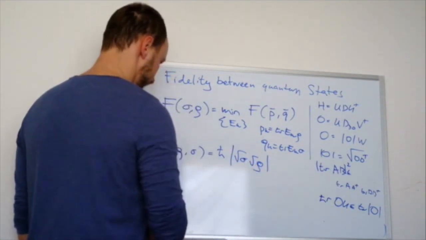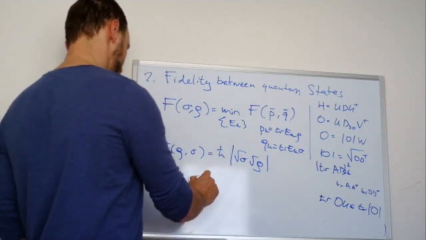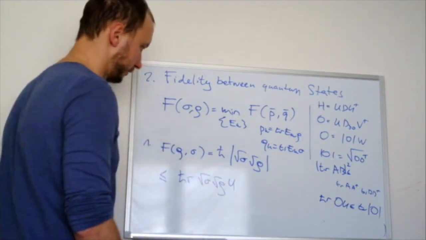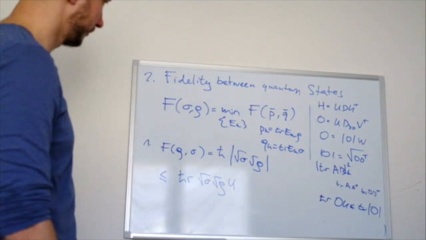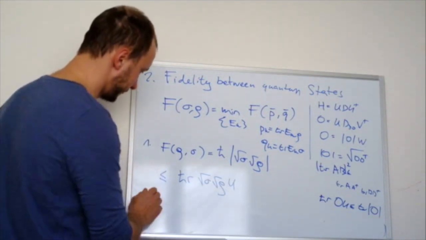Now this thing is smaller or equal than the trace of sigma rho with some unitary. Actually, no, let's do something else.